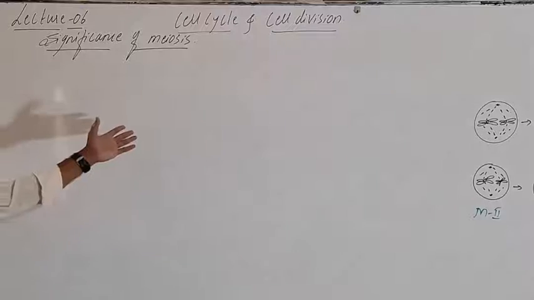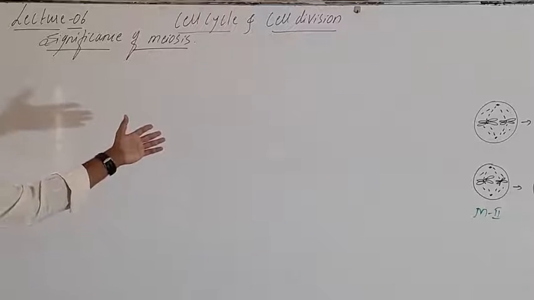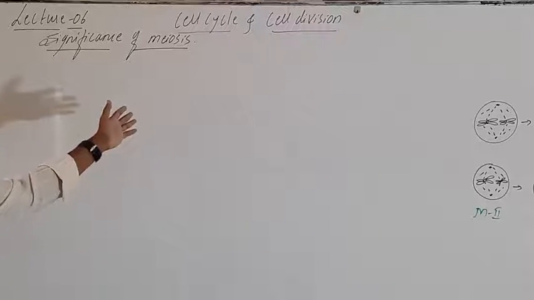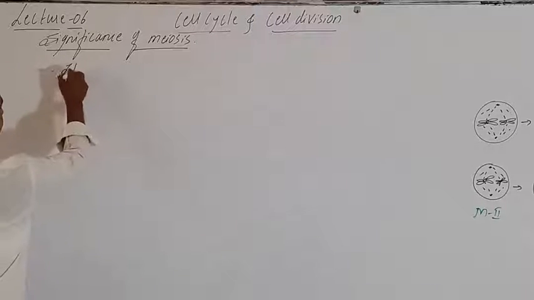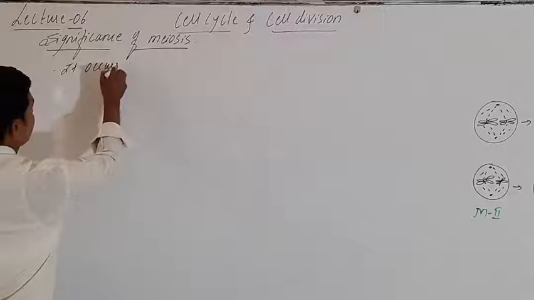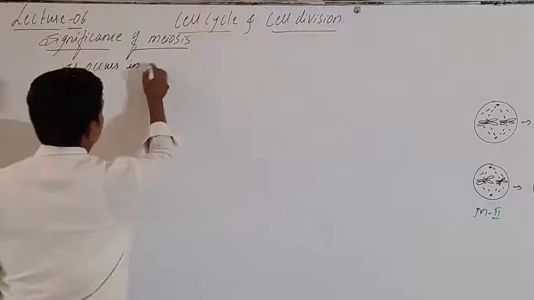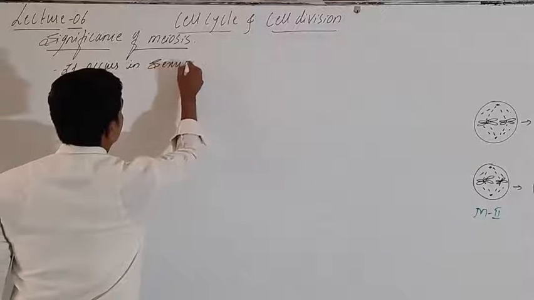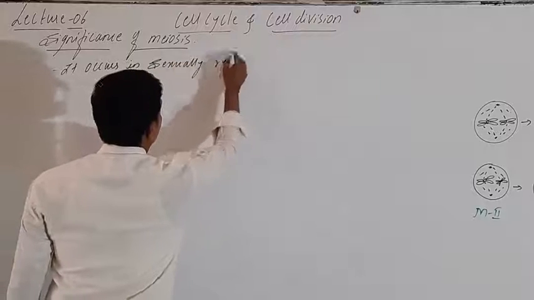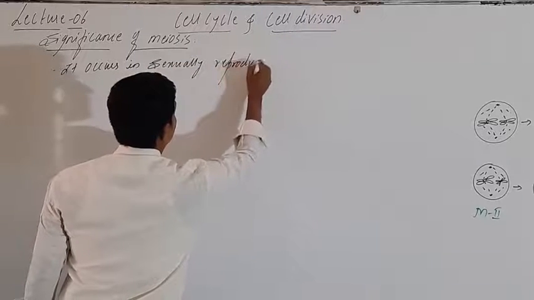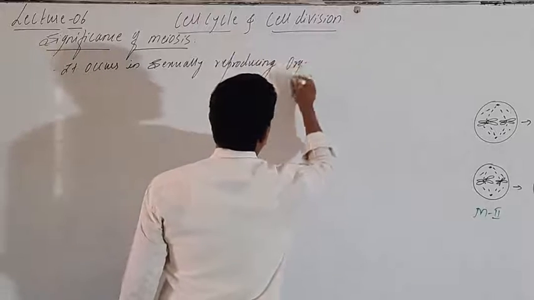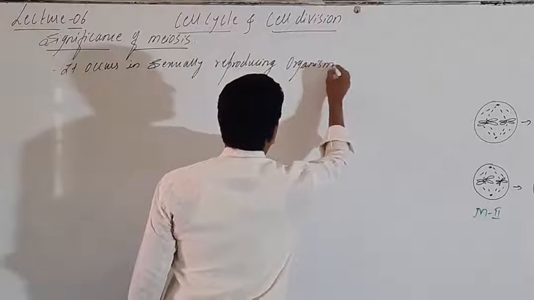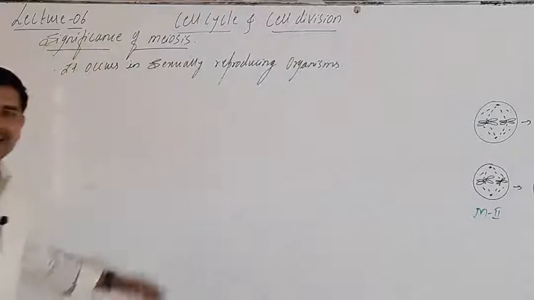Okay, in the last part, the significance of meiosis. So meiosis occurs in sexually reproducing organisms.